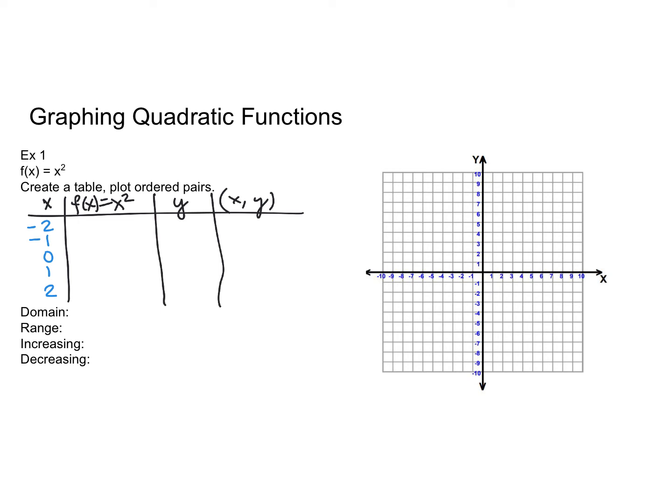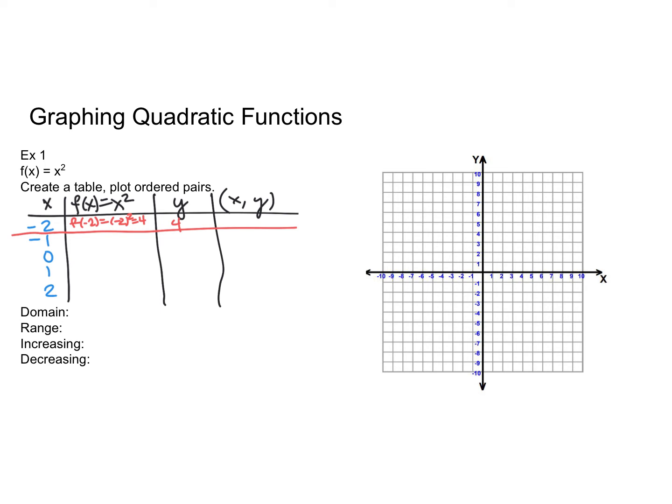So when I plug -2 in for x, which I'll do in red, f at -2 is equal to -2 squared, which is 4. So when I plug -2 in for x squared, I do -2 squared.